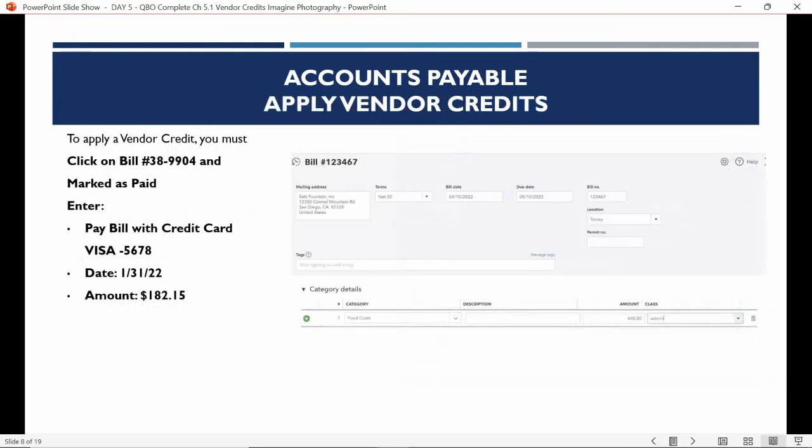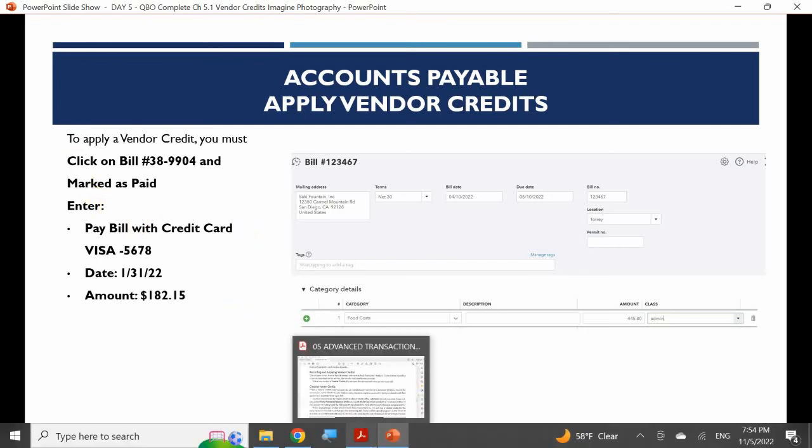I would actually have to utilize the bill payment window, or I can select that particular bill and then click mark as paid. So again, you do need to make a payment to the bill in order for you to go ahead and apply the bill payment.